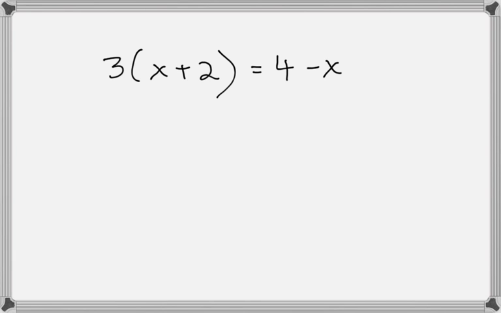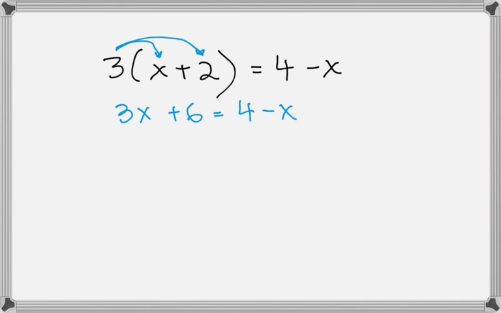And let's see, how do you solve a linear equation? Again, I will talk more about this next Monday. I just want to give you a start. We have 3 and then we have parentheses. How do we clear the parentheses? That must be first. We're distributing the 3 over the x and the 2, so that would be 3x plus 6 equals 4 minus x.